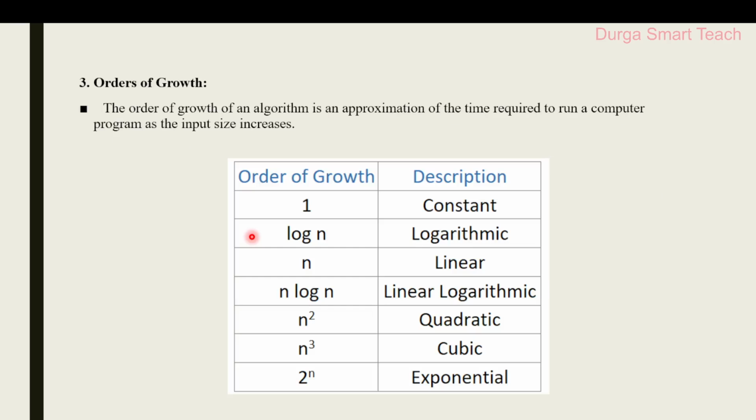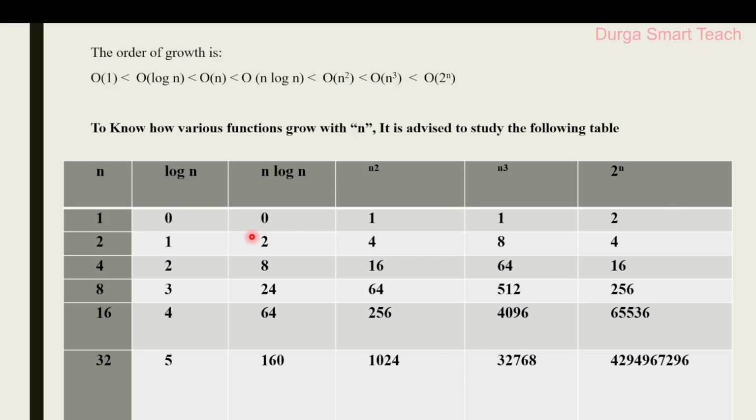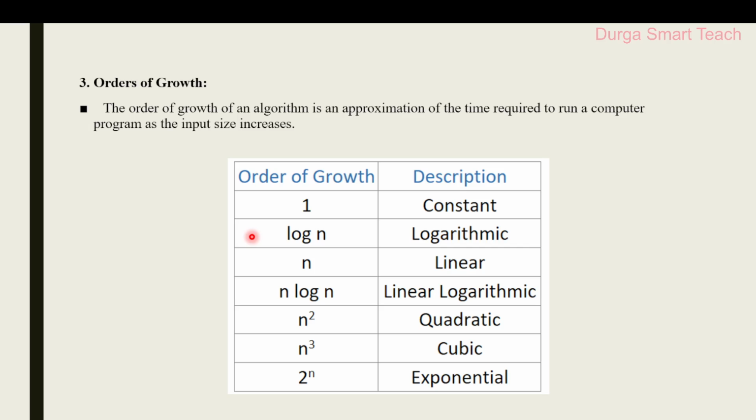This is the second one, and the third one is orders of growth. The order of growth of an algorithm is nothing but an approximation of the time required to run the program as input size increases. For example, I have 5 elements in an array and I want to sort those elements. Let us assume it will take 1 minute for sorting 5 elements.